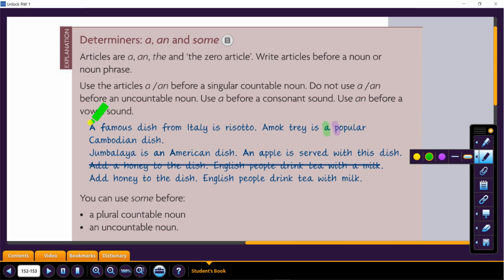And also here, this is a because here we have a consonant, which is F. Okay, an American dish. Here we have a vowel, which is A, so we cannot say a American dish. We only say an American because this is a vowel. Also here an before vowels, and so on and so forth.